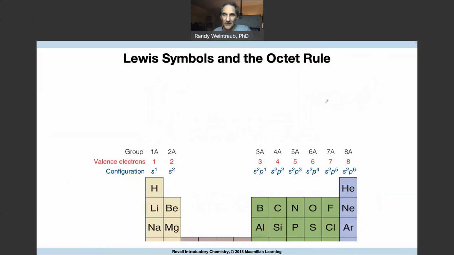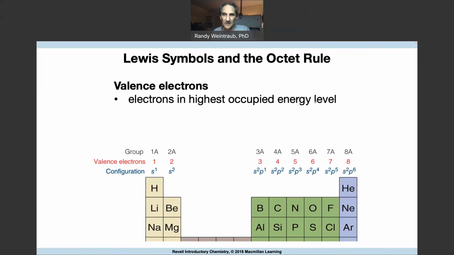Chemical bonding involves changes in the atom's outer, also known as valence, electrons. Recall that the valence electrons are the electrons in the highest occupied energy level of the atom. Because of the sublevel filling sequence, the valence electrons involve only S and P sublevels.